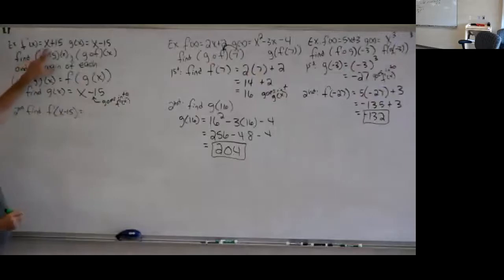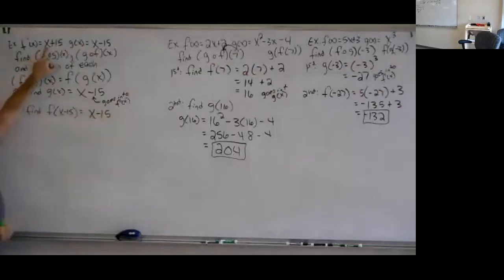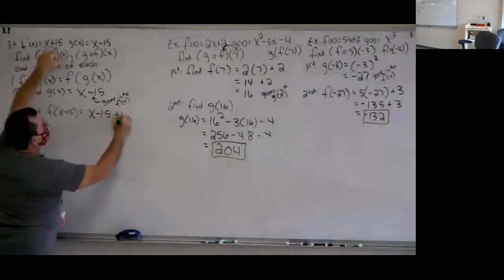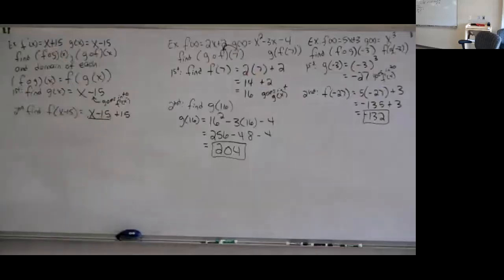So where's f? F is x plus 15. In place of this x, I'm going to put x minus 15. And then at the end is a plus 15. So remember, this part right here, the x minus 15 was my g going into my f, okay? So the only question is, can we simplify that?